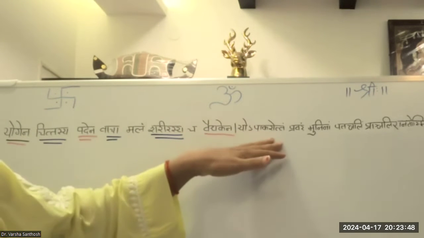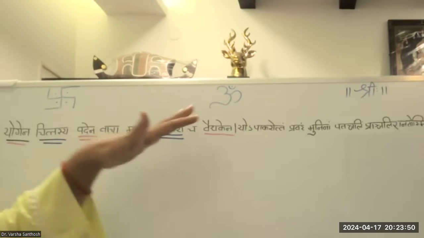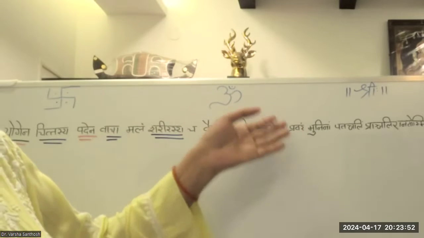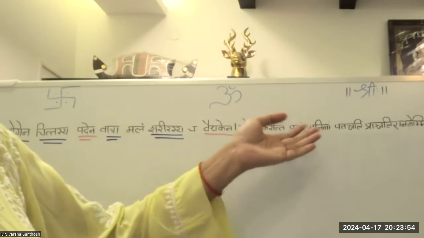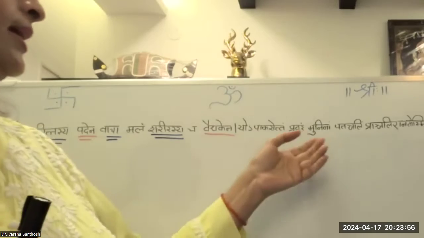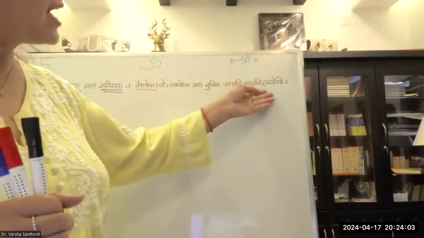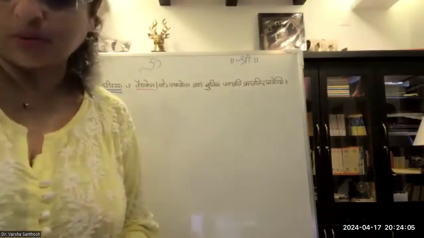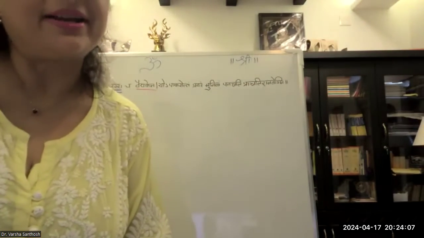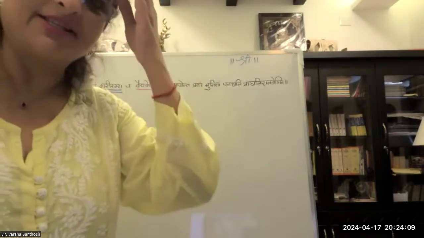Yo apakarot tam, to that Pravara Muni, that Shrestha Muni, Patanjali, I am bowing down with folded hands, pranjalir anatosmi. I am bowing down to that great Patanjali.